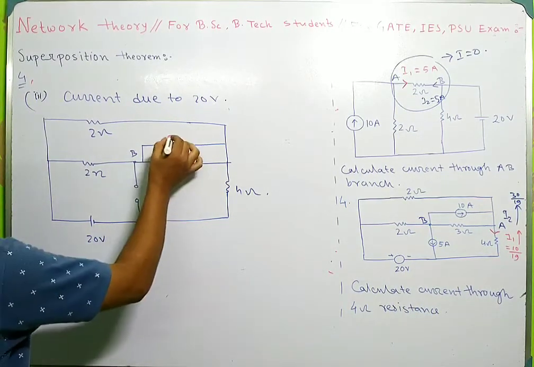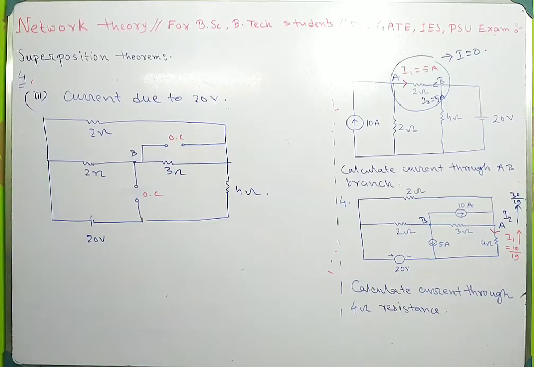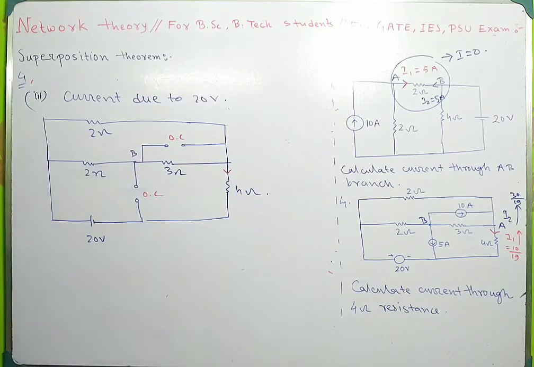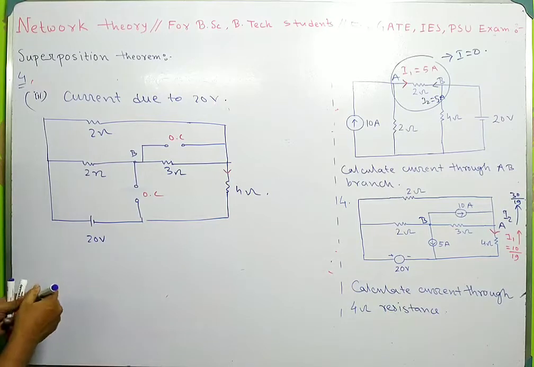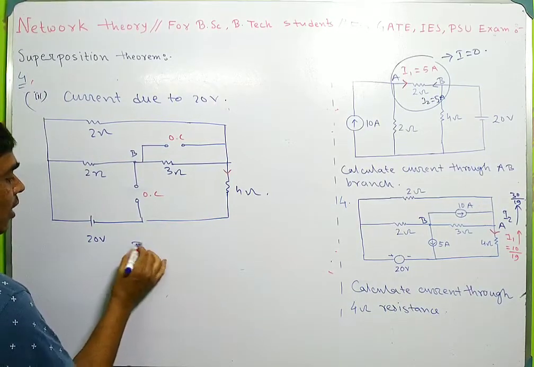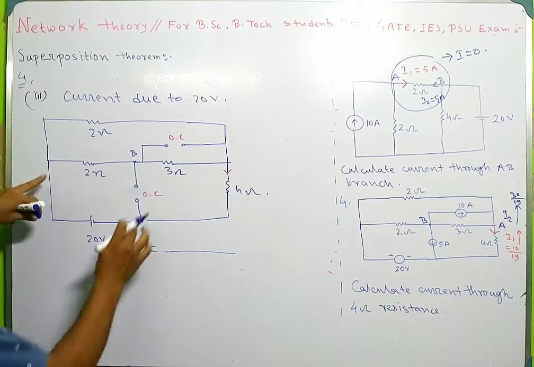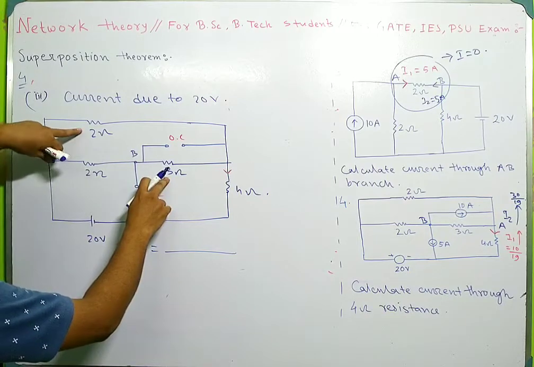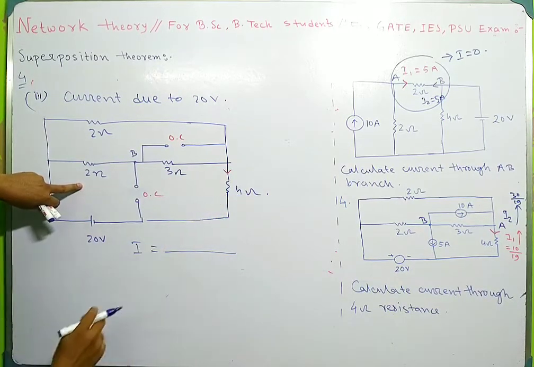This is open circuited, this is open circuited. So you have to calculate this current. What will be the current? This current I can be calculated as: these two are in series, this portion is parallel and with this it is in series.